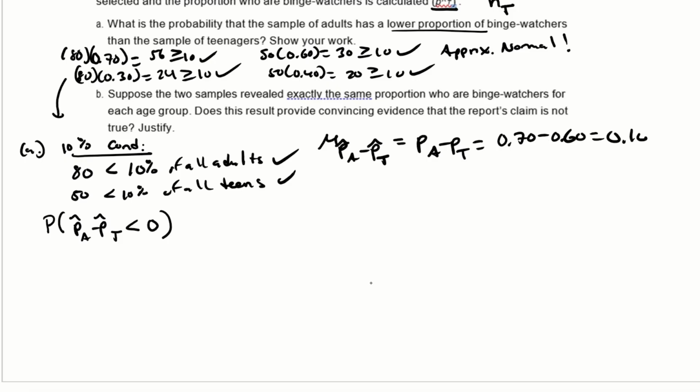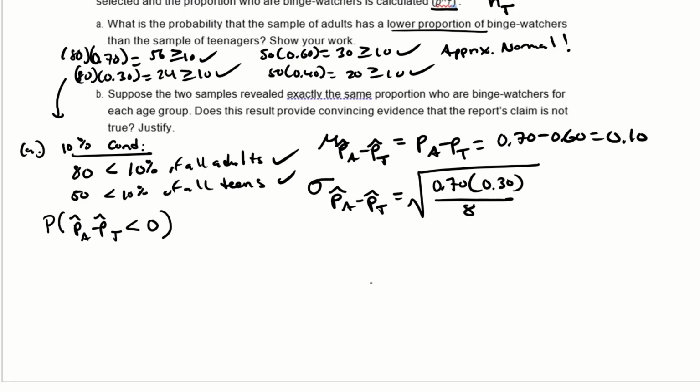All right, let's calculate the sigma, though. Now we can calculate the sigma because it satisfies the 10% condition here. So the square root of the adult percentage, which is 0.70, times 1 minus that, over the number of adults used, 80, plus the percent of teens that binge watch, 0.60, times 1 minus that, 0.40, over 50 teens used.